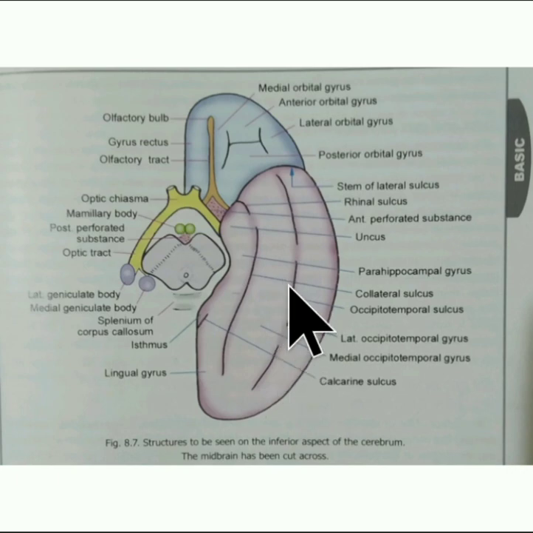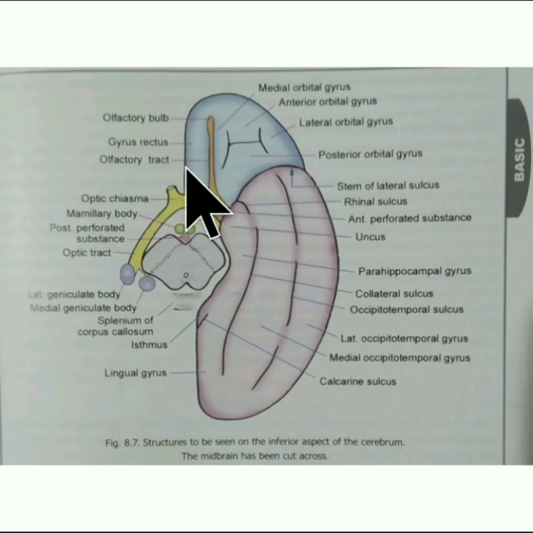Next, we are going to look at the sulci and gyri seen on the inferior surface of the cerebral hemisphere. We have already heard that the inferior surface is divided into a small anterior part, called the orbital surface, and a large posterior part, called the tentorial surface. Here, this is the orbital surface.